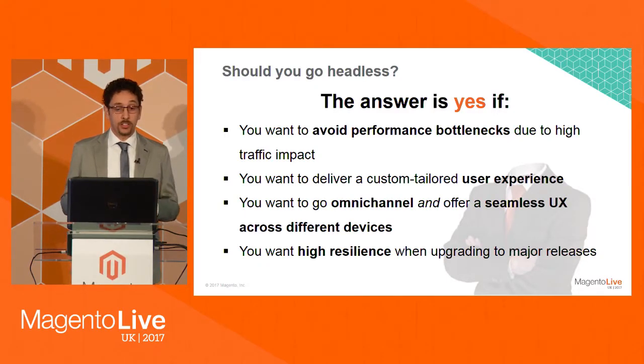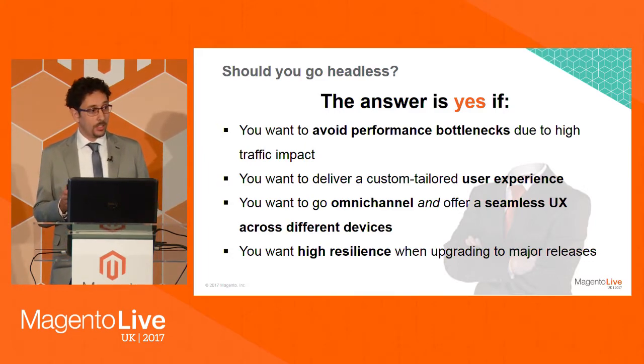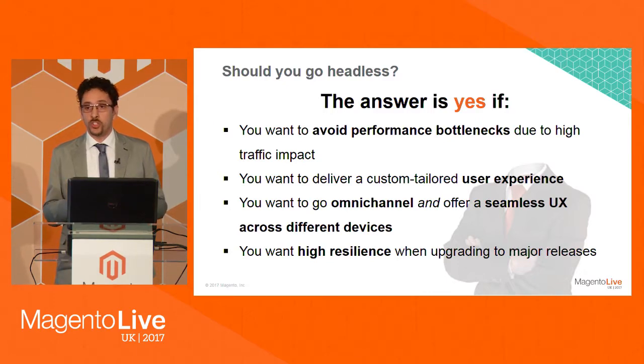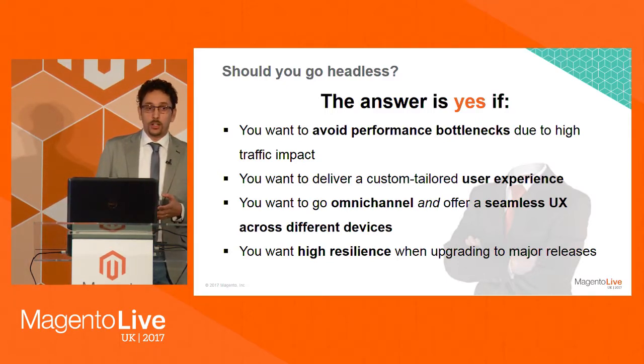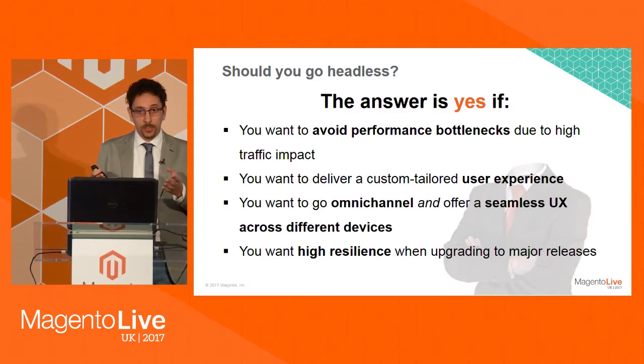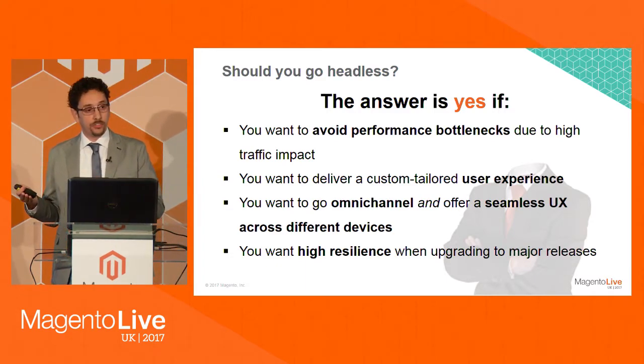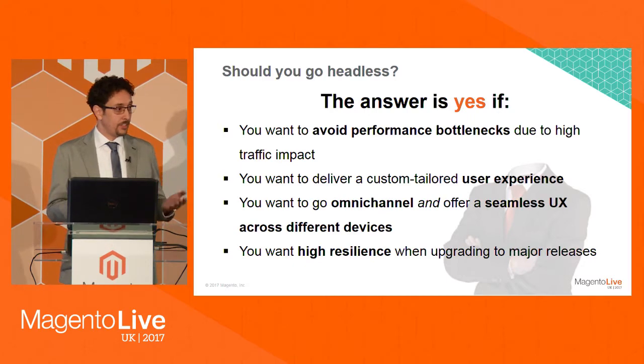You have a high resilience while upgrading across different releases. Because, upgrading from Magento, let's say 2.0 to 2.1 to 2.2, whenever you do this, you have to check if your front end is working, because if it is a custom front end, probably from Magento are coming different features, or they modified existing features.